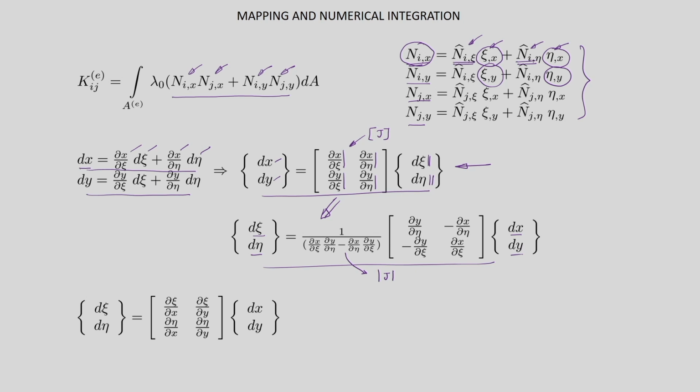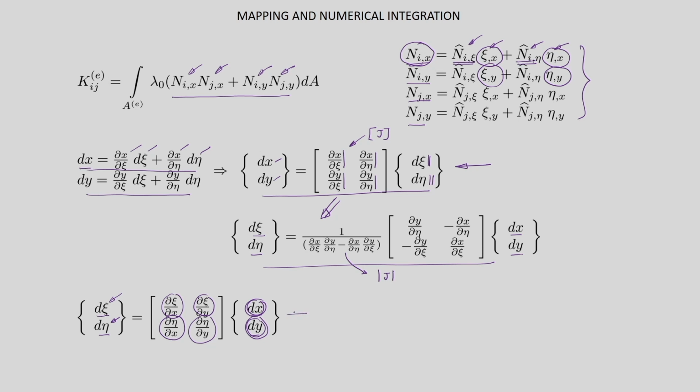Then finally, we wrote dξ, dη in terms of dx, dy as follows. We said ∂ξ/∂x dx plus ∂ξ/∂y dy gives dξ, okay. Similarly, dη is ∂η/∂x dx plus ∂η/∂y dy, alright.